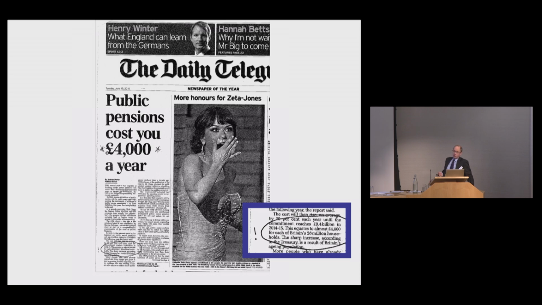Public pensions cost you £4,000 a year. A new piece of work produced by the Office for Budget Responsibility. Well, there's a paragraph here which I've blown up. The costs will then rise on average by 20% each year until the commitment reaches £9.4 billion in 2014-15. This equates to almost £4,000 for each of Britain's 26 million households.